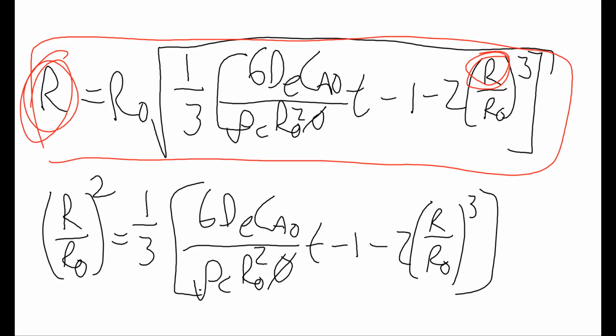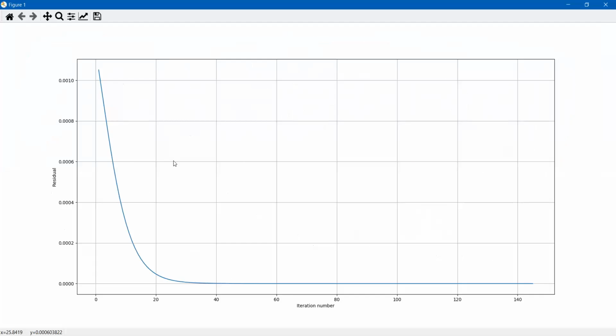All right, see what that does. And there we go. There's my residual, there's my iteration number, and everything seems to be hunky-dory. So there's my convergence history, or my residual history, whatever you want to call it.